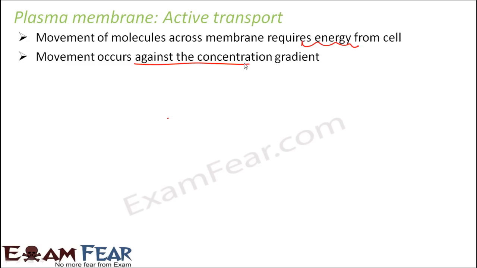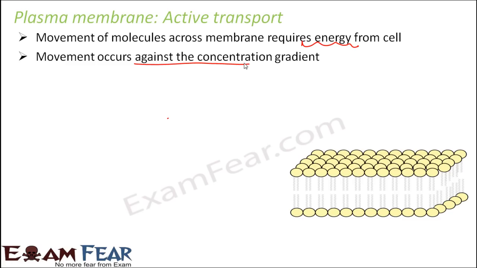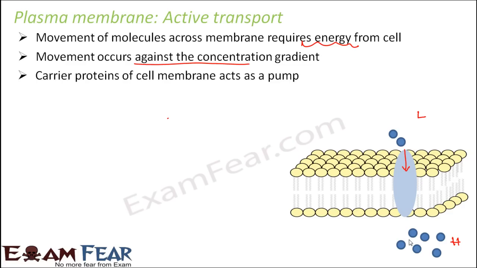So there are some proteins which help in passive transport, whereas there are some other proteins which help in active transport. Let us suppose this is our cell membrane. Now this region has low concentration and this region has high concentration, but we still want these particles to move towards this side, against the concentration gradient. So in this case what will happen?